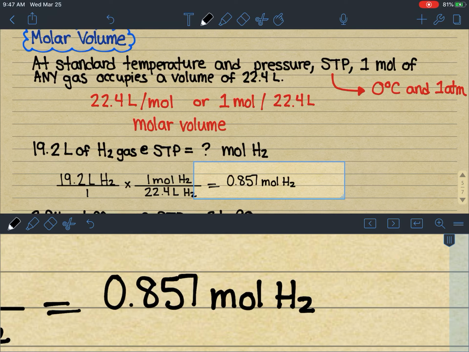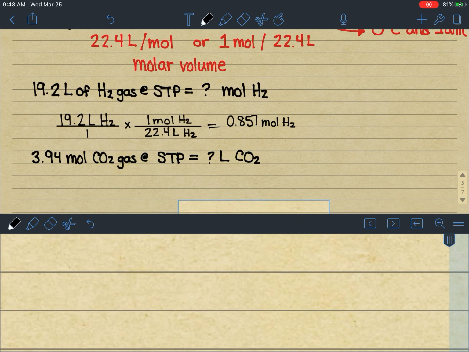You could then take the mass of that gas, convert to moles, and then you could convert to volume. So you could figure out what volume a certain mass of gas occupies. And you're always going to go through moles. That's the biggest thing from this unit. If you can find a way to get from the unit you're starting at to moles, you can go to compounds, you can go to grams, and now with moles, you can go to volume as long as you're dealing with a gas.